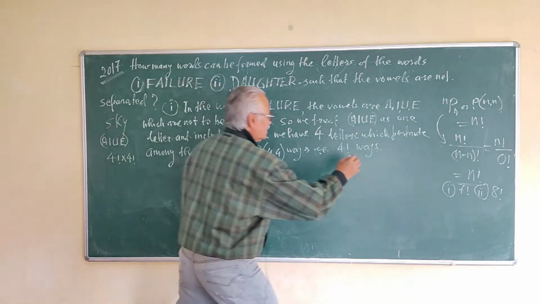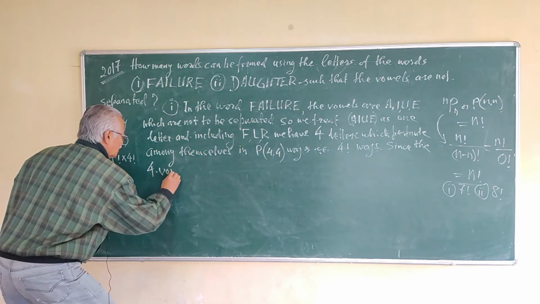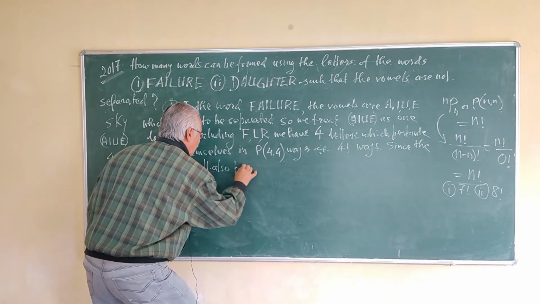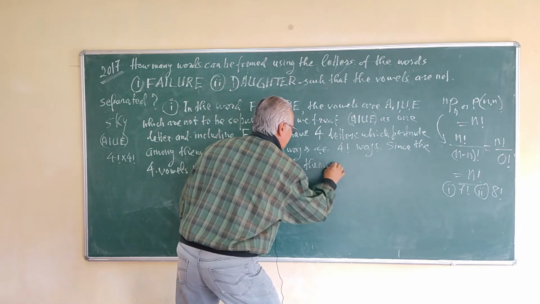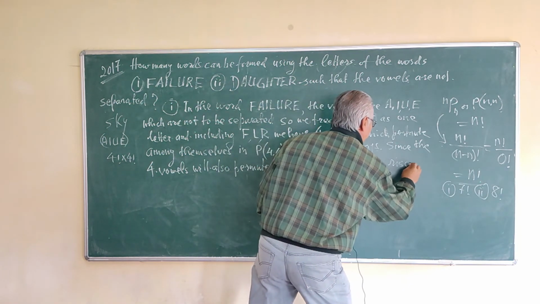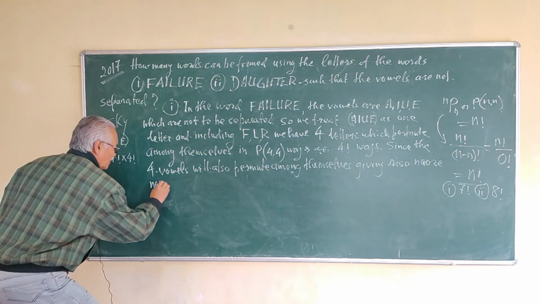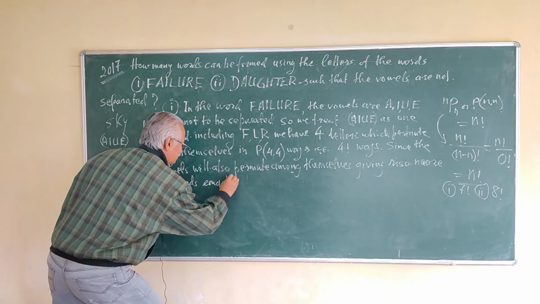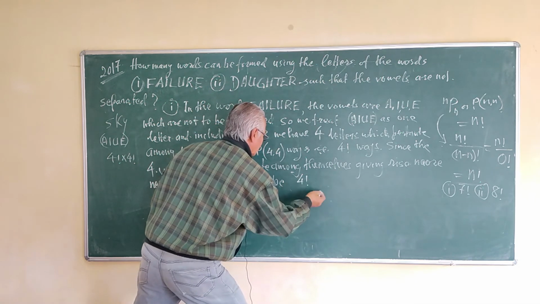So since the 4 vowels will also permute among themselves, giving rise to more new words, and that will be P4, 4 factorial in number.